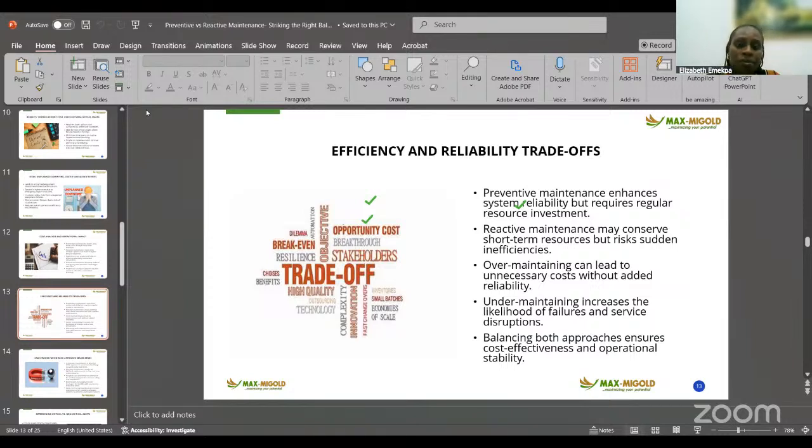Are we together? Reactive maintenance may conserve short-term resources, but risks sudden inefficiency. That's the truth. Before your phone screen can just go bad, if you are putting all your measures in place, you will not have that risk of everything just shutting down.